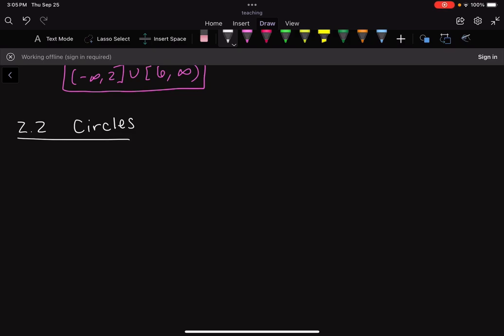So first, we're going to make sure that we can plot points. I just want to talk about that first. So, plotting points on our coordinate plane.